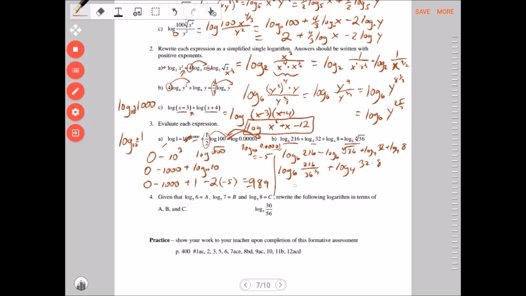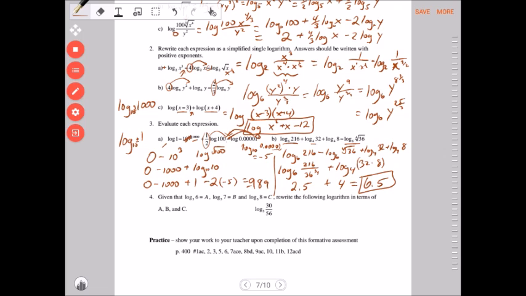When you type that into your calculator, you get 2.5. And then when you type this guy in, log base 4 of 32 times 8, that one just works out to positive 4. So 2.5 plus 4 equals 6.5. So that is our final answer there.